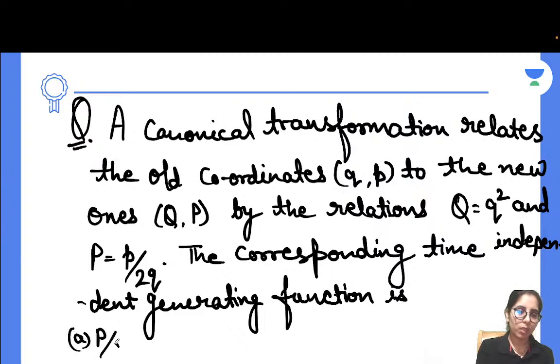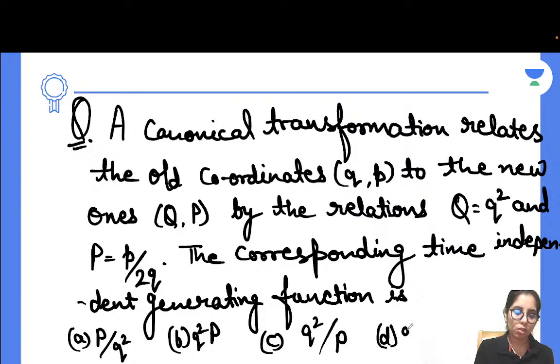Options are capital P over small q square, capital P, option C is q square divided by capital P, and option D is q p square. Try it now and let me know what do you think is the right answer. If you are not getting it or you don't know what steps need to be taken, I will help you in that case.